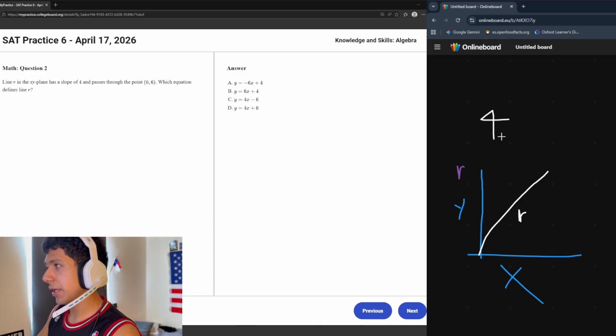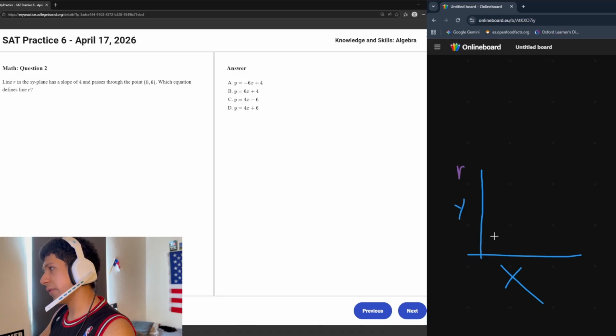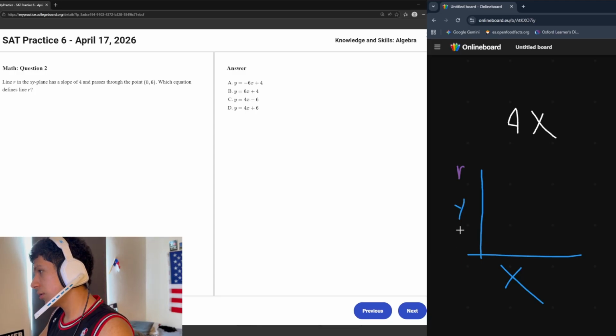It passes through the point where x is 0 and y is 6, so the y-intercept is positive 6.